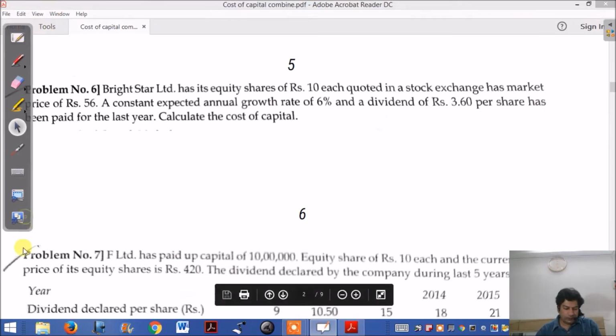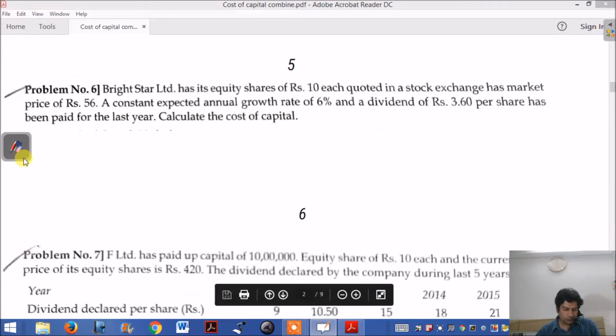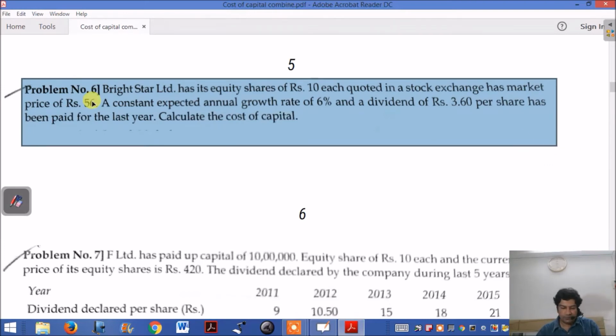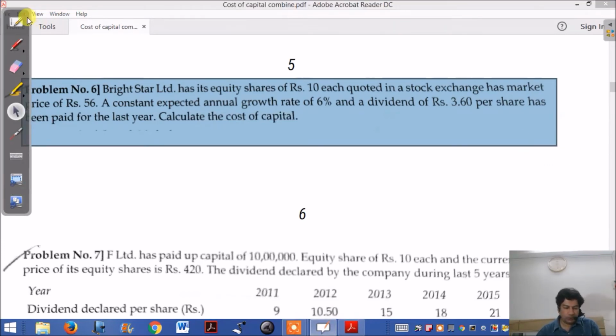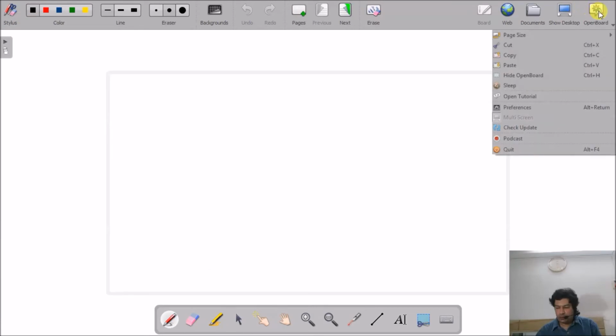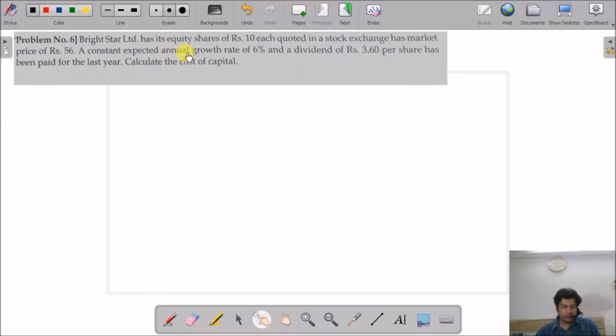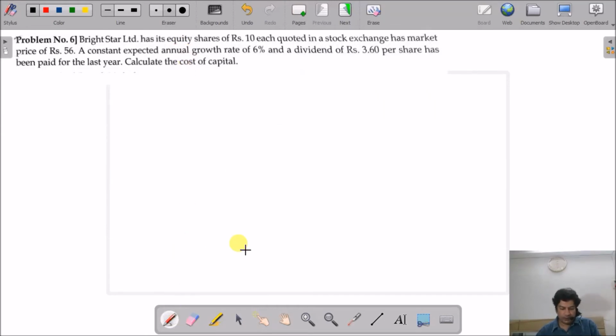So I have to make this. So I am going to copy this. Fifth sum we are going to do. So this is the fifth sum which we are going to start.